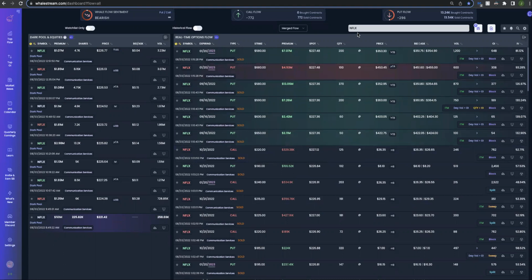Just like with the time and sales, you need to think outside the box, think of the different types of ways that they could be making these trades. So is it part of a hedge? Is it profit taking?